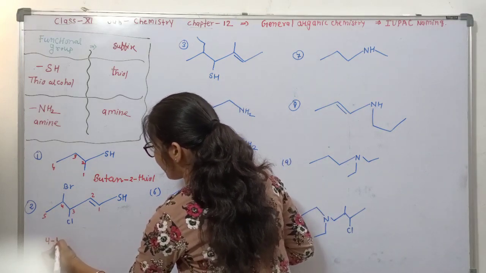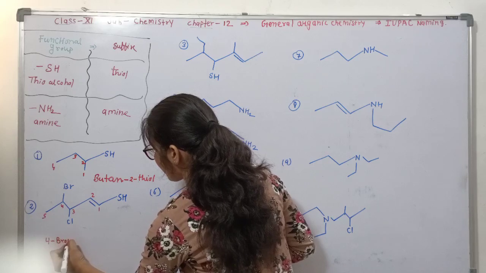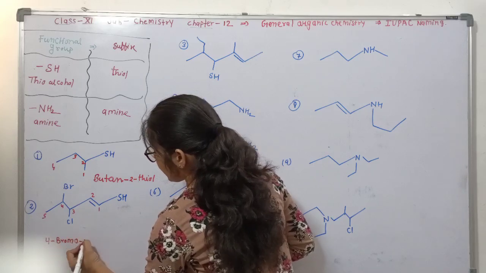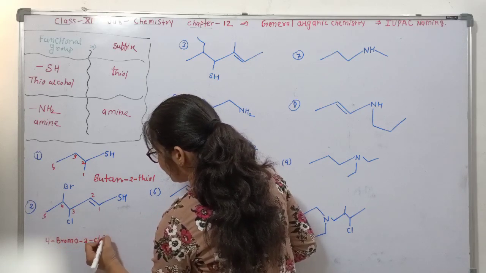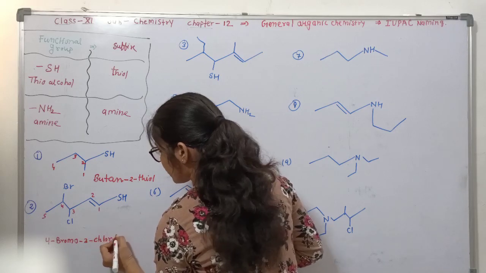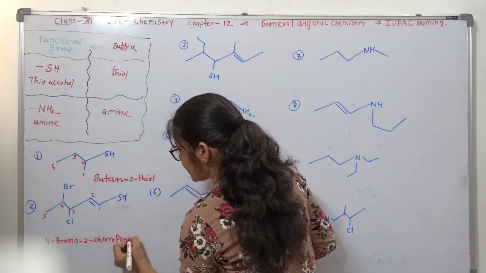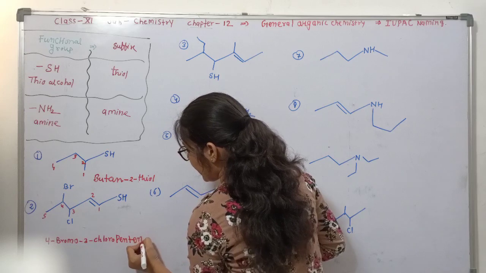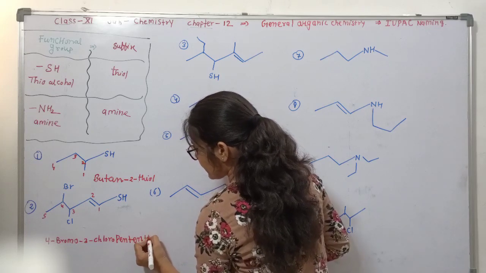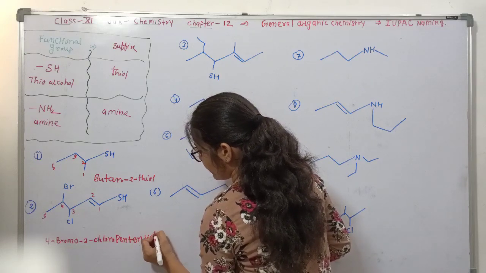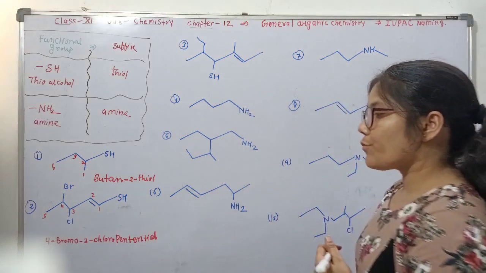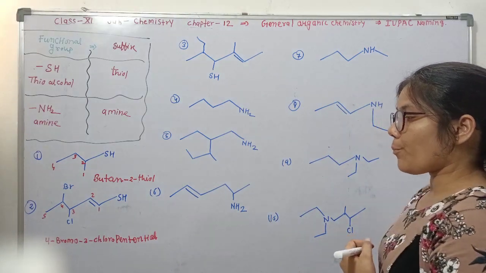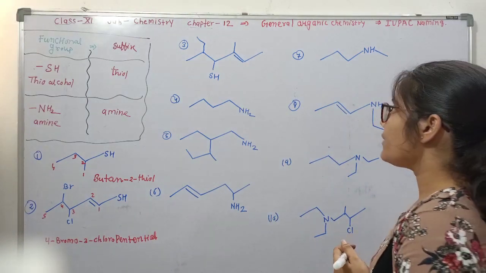So 4 bromo, 3 chloro, pentene thiol. Okay, 4 bromo, 3 chloro, pentene thiol.